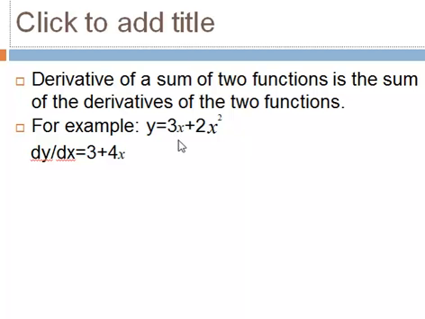Here we find the derivative of 3x first, then we find the derivative of 2x squared, then we add them up. The derivative of 3x, based on what we learned from the last slide, is 3. And the derivative of 2 times x squared is 2 times 2, which is 4, and n minus 1, right here n is 2, so 2 minus 1 is 1, so we get 4x.